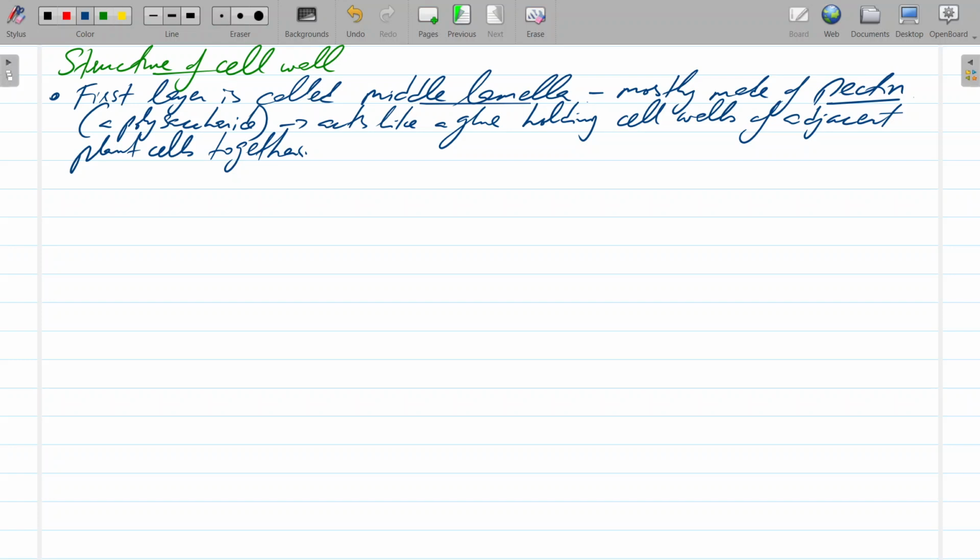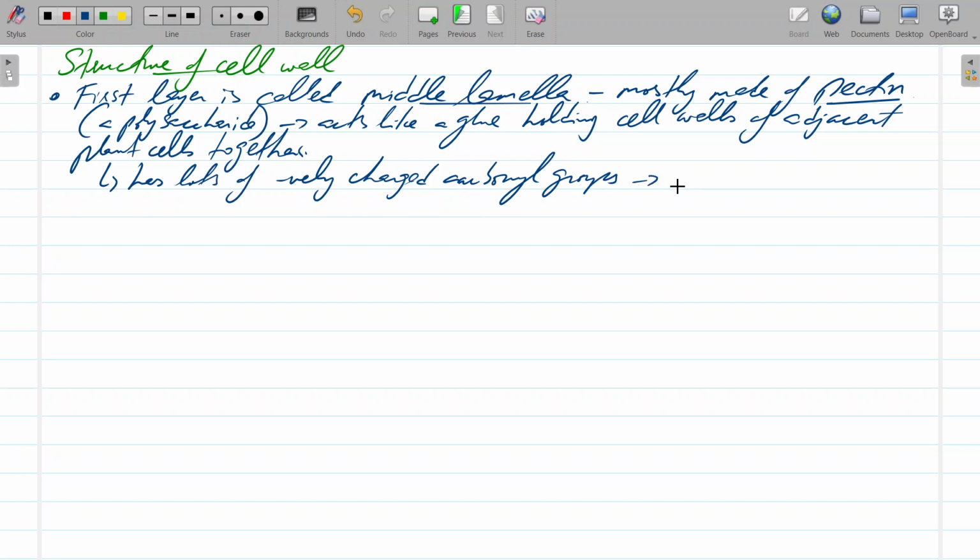And the thing about pectin, it has a lot of negatively charged carboxyl groups. Right, and these attract positive calcium ions. And so that forms a substance called calcium pectate.